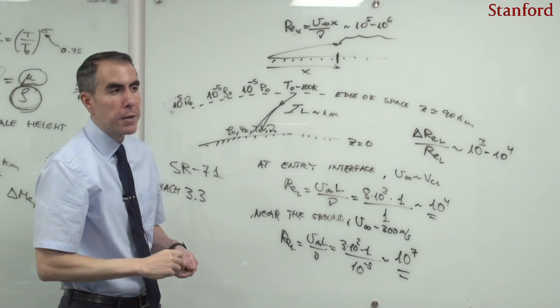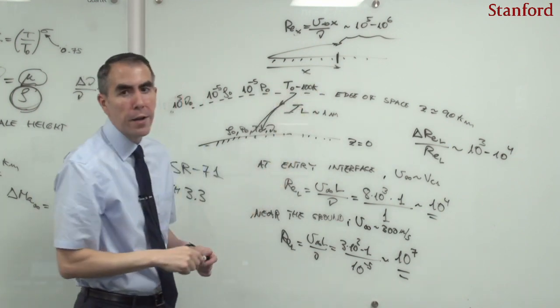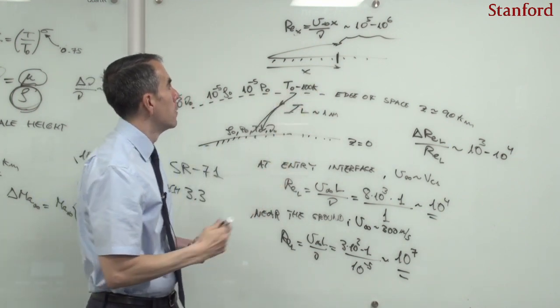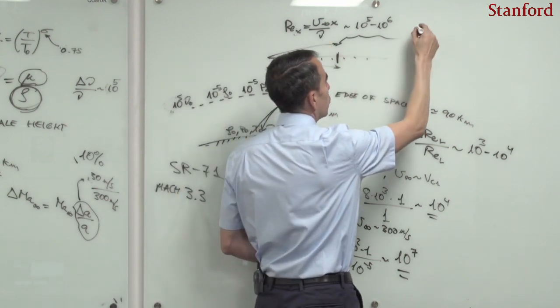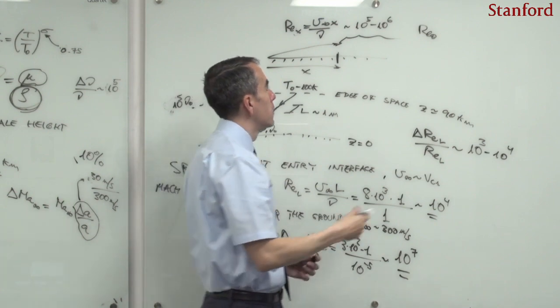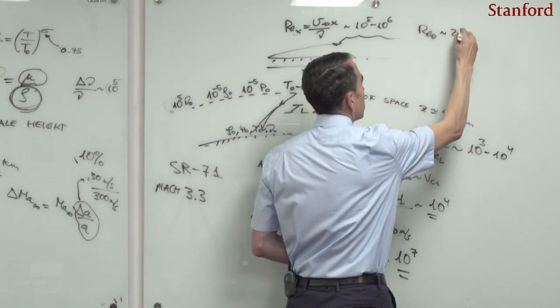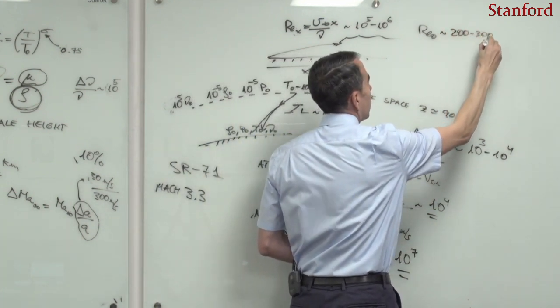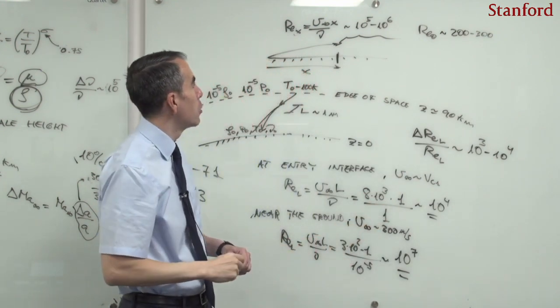Those are typical streamwise Reynolds numbers leading to boundary layer transition. This is also equivalent to momentum Reynolds numbers of the order of a few hundreds, like 200 to 300. Those are the typical values for incompressible boundary layers.